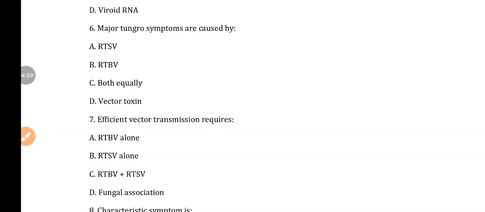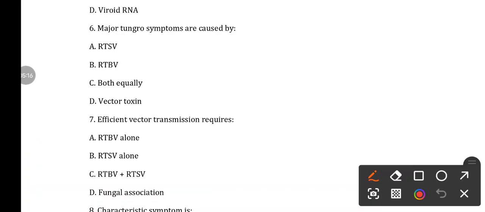Next: the major Tungro symptoms are caused by. This disease is caused by infection by two viruses, but the major symptoms are caused by which virus? The options are: A, RTSV; B, RTBV; C, both equally; and D, vector toxin.